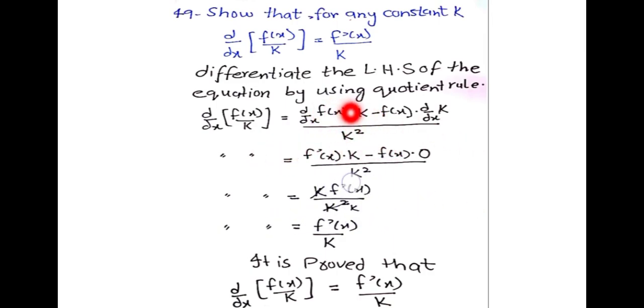And for finding the derivative, here we can simply write f prime of x times k, then we know that the derivative of a constant term is 0. We here simply write 0, and this k cancels out with this k square, and in the denominator only a single k is left. So here it is proved that the derivative of the function over k is equal to the derivative of that function over k.